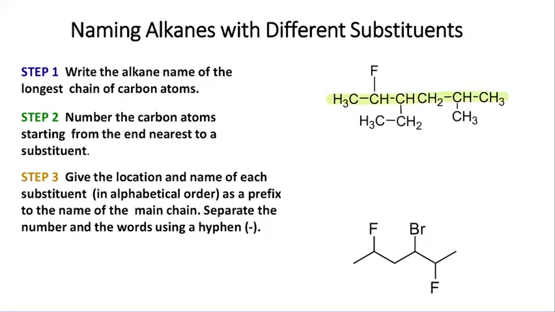So we know that the last word in this molecule is going to be hexane. Okay? Now, we have 3 different substituents. We need to number this from the end that is nearest a substituent. So are we doing left to right or right to left?